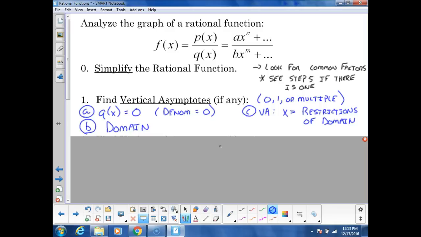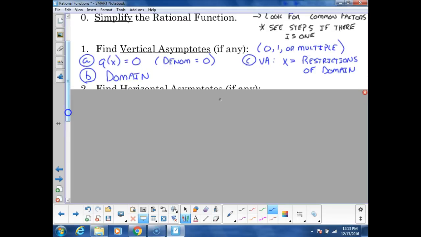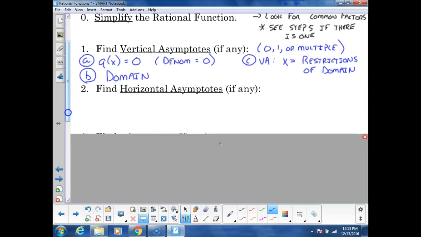After we do that, what do we do next? Now we're looking at horizontal asymptotes. What do I do there?